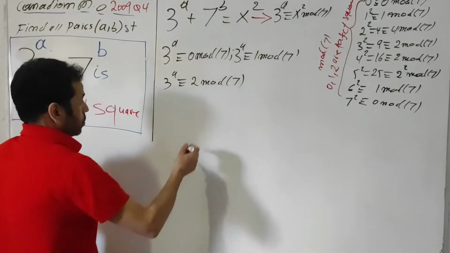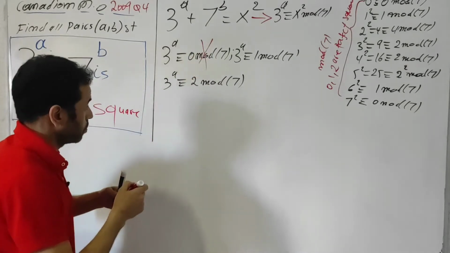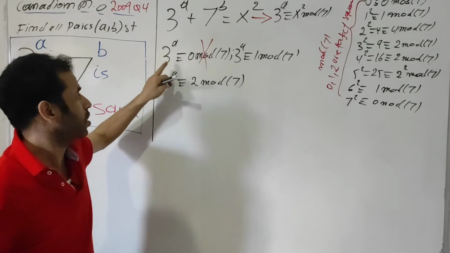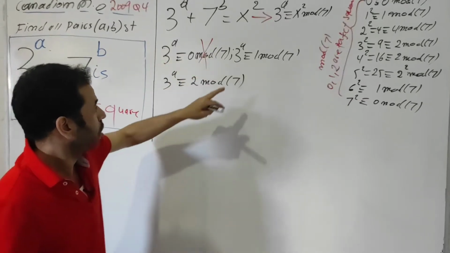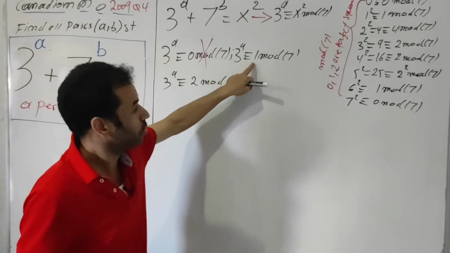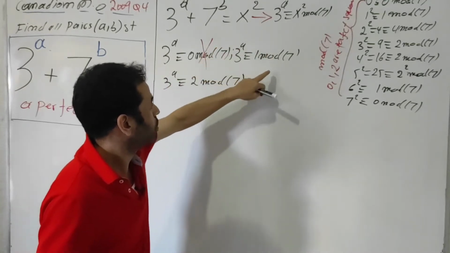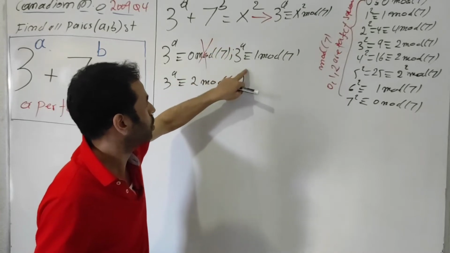The first one is eliminated because 7 does not divide 3, since 3 and 7 are different primes. And the second one will also not work because 7 does not divide 3 to the A minus 1.